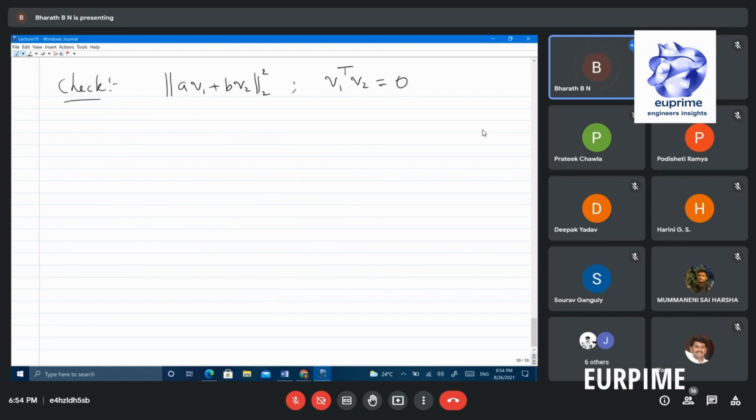Is this fine? So what is the norm squared? You agree with this? I can write it as the inner product of this with itself. Now, I can apply linearity. I'll do every step.